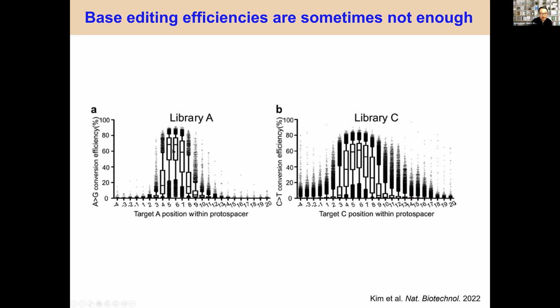At positions 5 and 6, base editing frequency is pretty high, like 70 to 80%. But for some guide RNAs, even at the peak of the base editing window, the frequency is low, like 20% or even lower, both for library A, adenine base editing, and library C, cytosine base editing. So base editing efficiency is sometimes not enough.